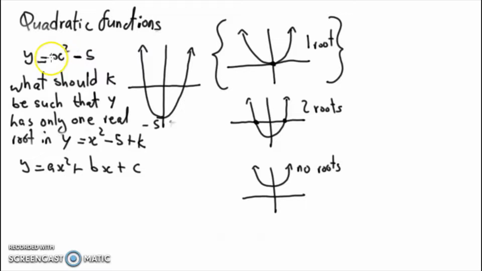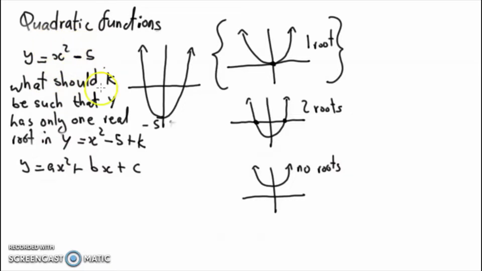Here there's a coefficient of 1, even if it's not written, and it corresponds to that a there. And then there is no term with an x in it, which means that b is 0 here. And then there's a constant c which corresponds with -5 there. So we can clearly see that c is -5 and a is equal to 1.